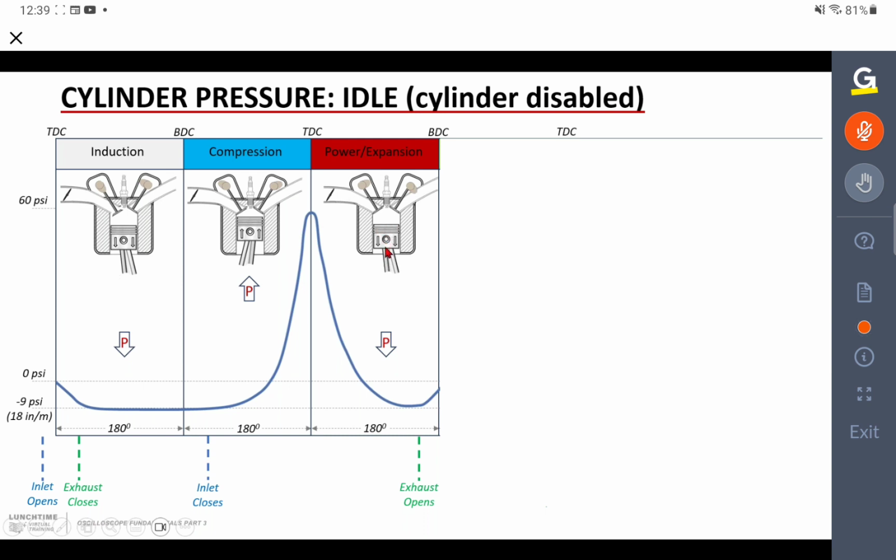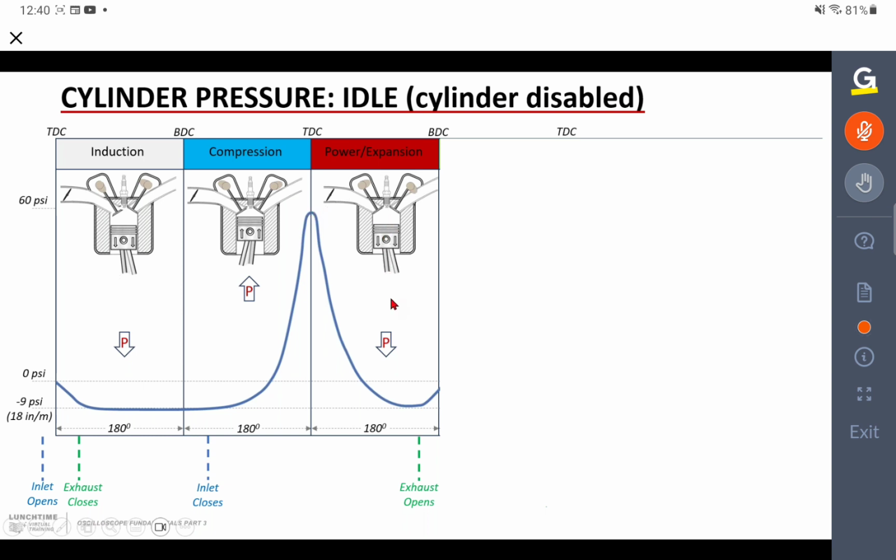So that same volume of air is now going to expand again as the piston comes down and opens up the cylinder again. So the pressure now drops down, and again it will go back to pretty much where we started. It will go beyond atmospheric pressure, down to our vacuum level again, our low pressure level, 9 or 10 psi, once the piston reaches bottom dead center.